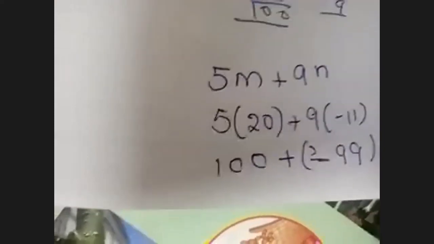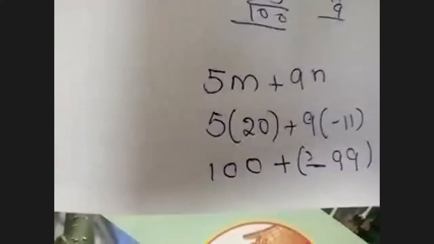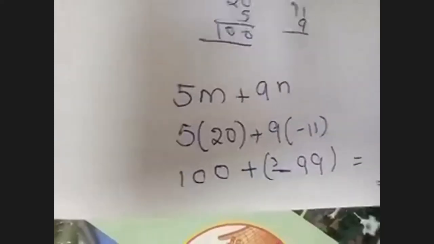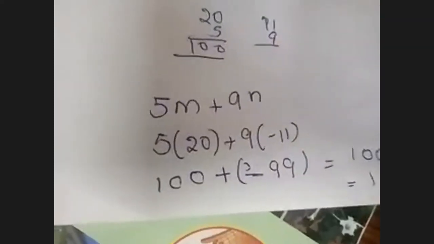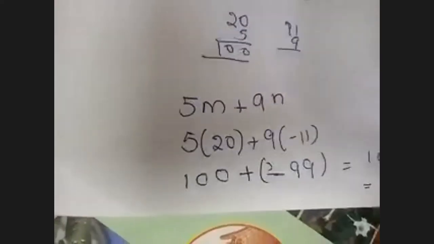The difference between the multiples of 5 and the multiples of 9 should be 1, sir. You have mentioned a very good point. We should get 1 as the answer, so I took directly 20 and minus 11. That's wonderful. The way you have thought is also wonderful.